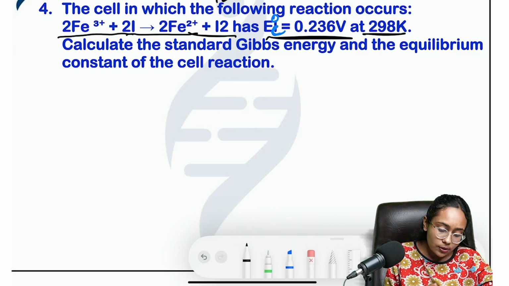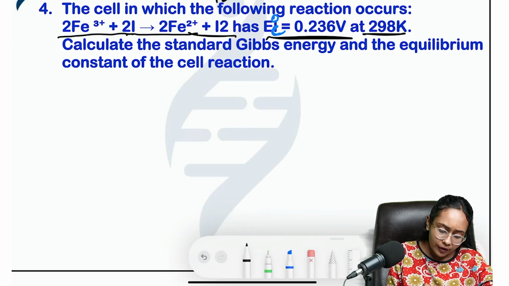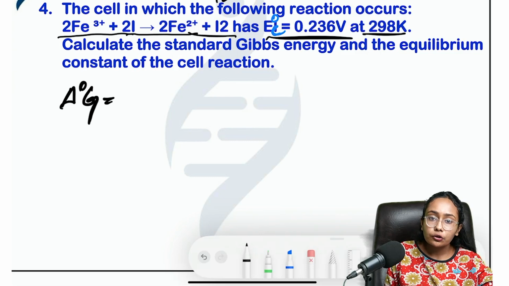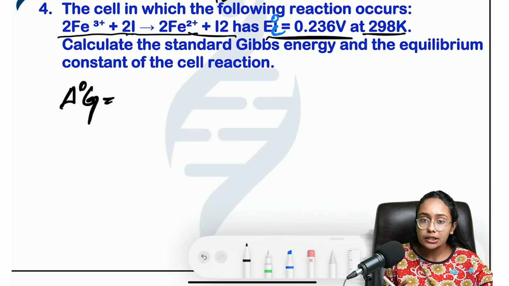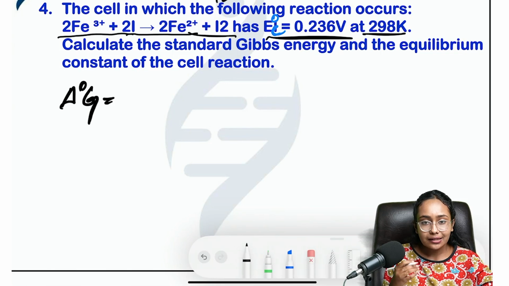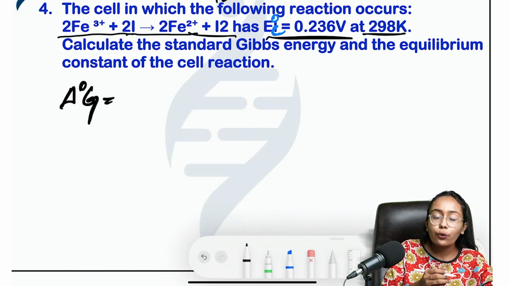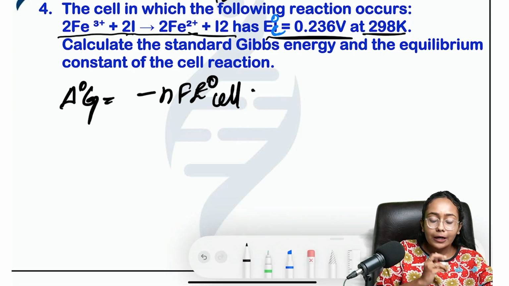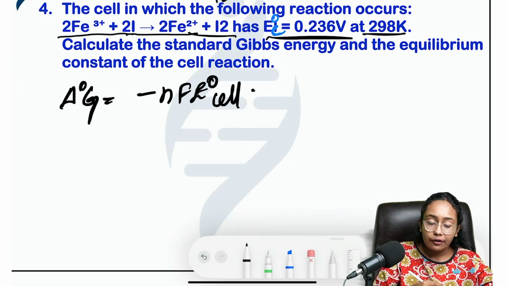Okay, fine. So we are asked to find the standard Gibbs free energy, right? You know the equation for finding standard Gibbs free energy if the standard cell potential is given to you. It's none other than minus nF E naught cell, where E naught cell is the standard cell potential, F is Faraday's constant, and n is the number of electrons.